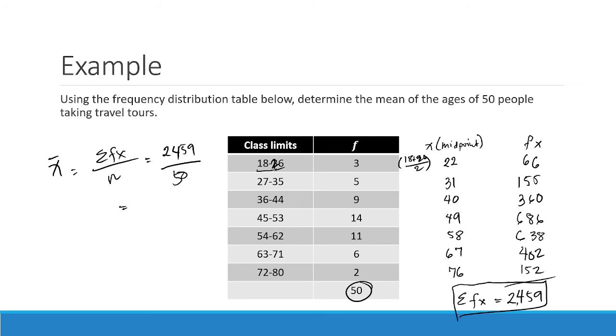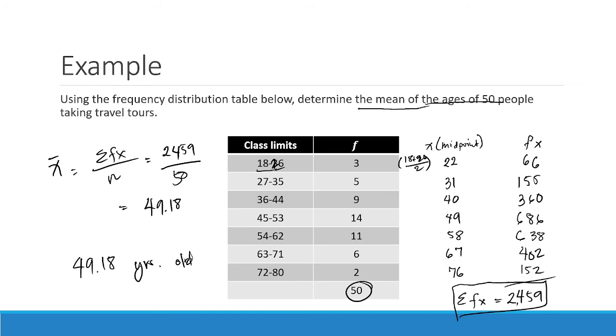So that will be 49.18. It just means that the mean of ages of 50 people taking travel tours is 49.18 years of age or years old.